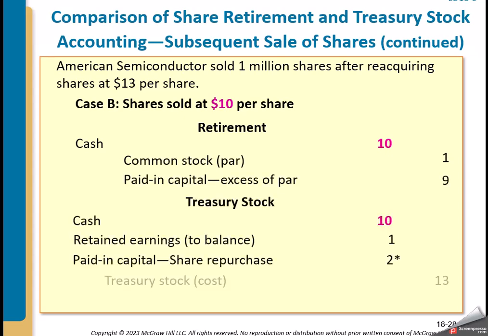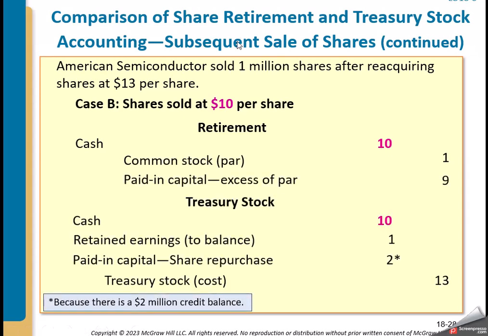And then this is, again, if it goes the other way where we sell it for less. We bought these shares at 13 and then we're selling them at 10. Notice the ones that were retired, it's just the same as issuing shares of stock to our par value and our paid-in capital. When it's the treasury stock, the cash comes in, but we can't have a loss or a gain.